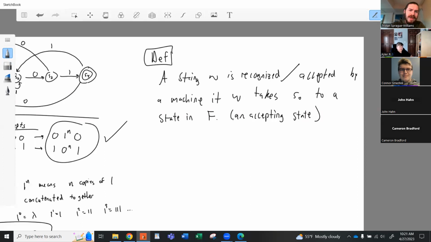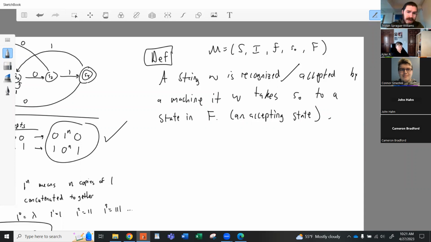Remember that F is in the definition of the machine, right? We have the set of states, the set of inputs, the transition function, the starting state, and the set of final states, which are the accepting states, right? So that's the formal definition that we're working with here.